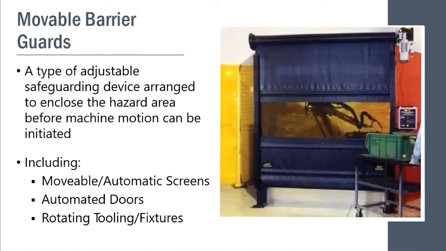Some of the common issues we see with these is they create another hazard. For a small, let's say, assembly press fit machine, it may have a polycarbonate door that slides down, and maybe somebody got a little ambitious with the pneumatic actuator and the pressure on it is high, and it creates that guillotine type effect where you can break a finger or injure a hand if you get caught in there.